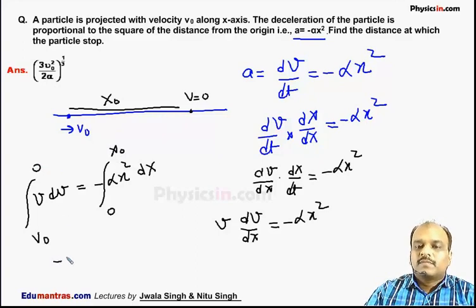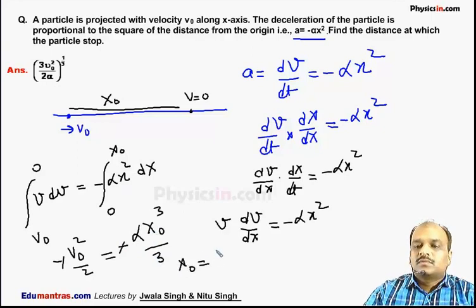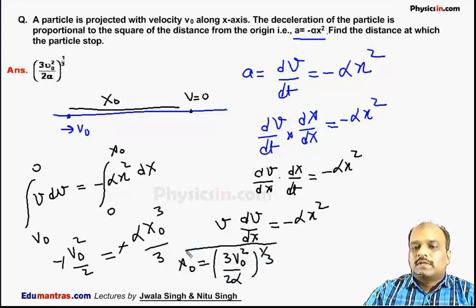So we get minus v naught squared by 2 equal to minus alpha x naught cubed by 3, because the integral of v dv is v squared by 2 and the integral of x squared dx is x cubed by 3. The minus signs cancel out. We get x naught equal to (3 v naught squared by 2 alpha) to the power 1 by 3. So this is the final answer.